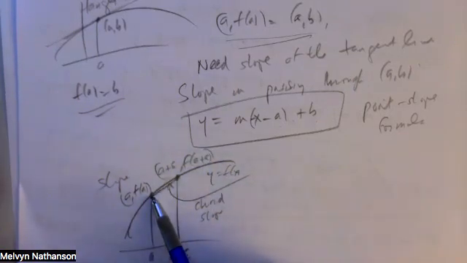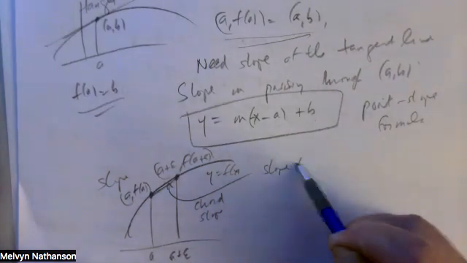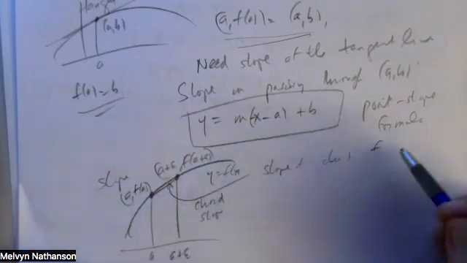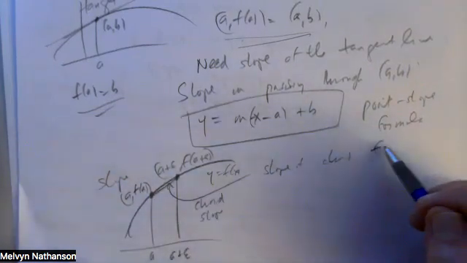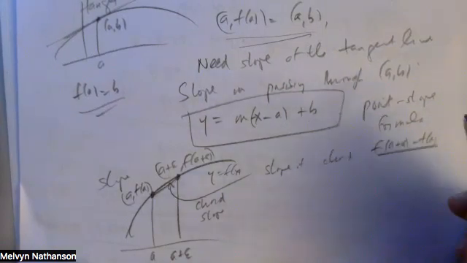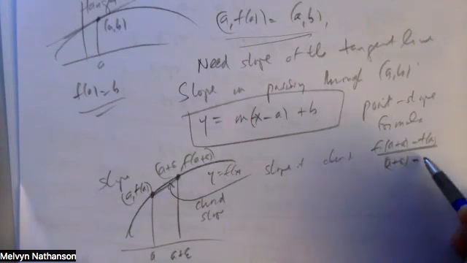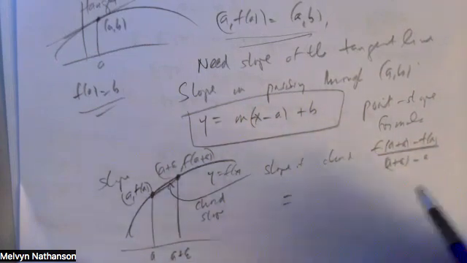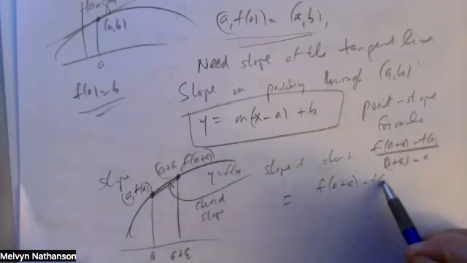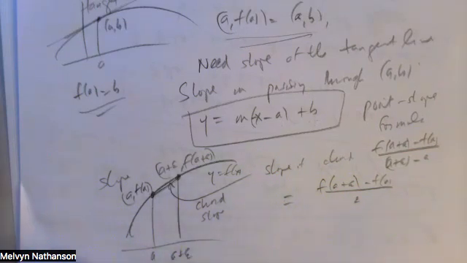So the slope of the line joining two points, the slope of the chord, is the rise from here to here, f(a plus epsilon) minus f(a), divided by the difference, a plus epsilon minus a, which is equal to f(a plus epsilon) minus f(a), divided by epsilon. That's the slope of this chord.